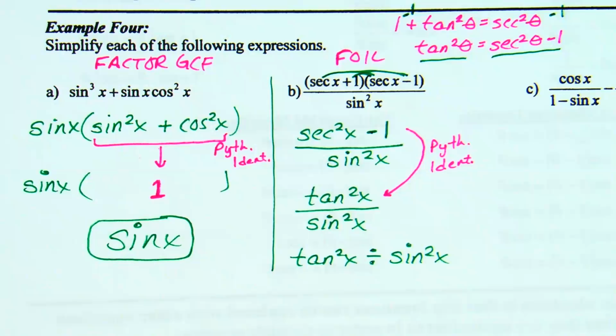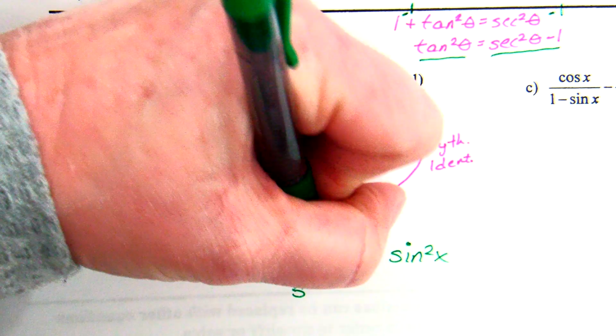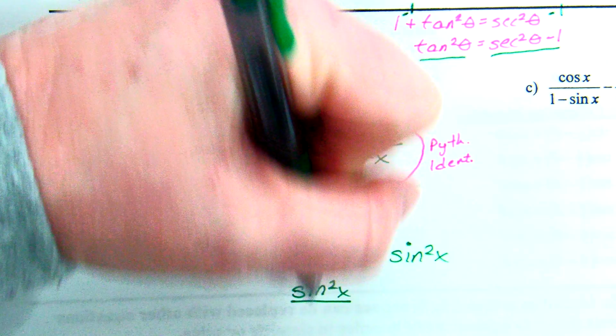I didn't change anything technically right there, yes? I'm just writing it out so we can see it a little bit better. Instead of vertical division, I made it horizontal division. What do we know about tangent? Our quotient identity says that tangent is sine over cosine.